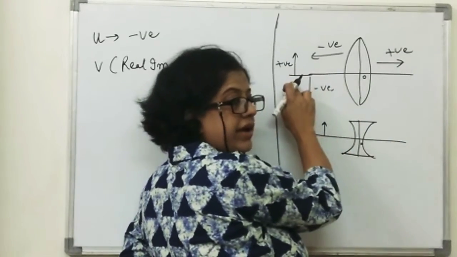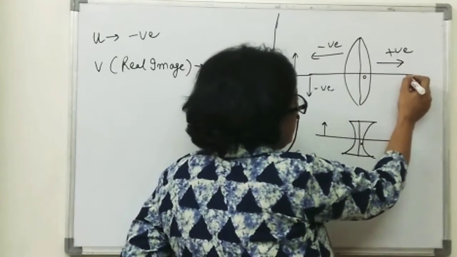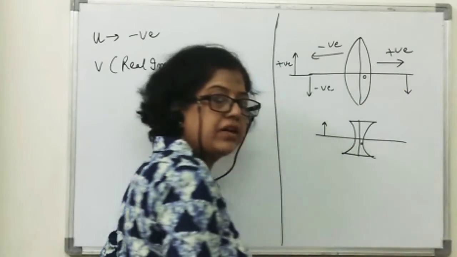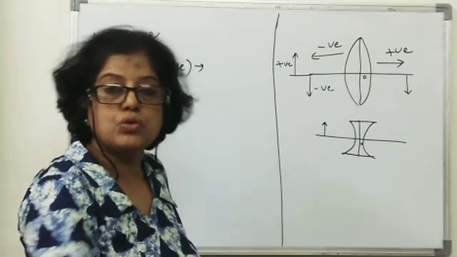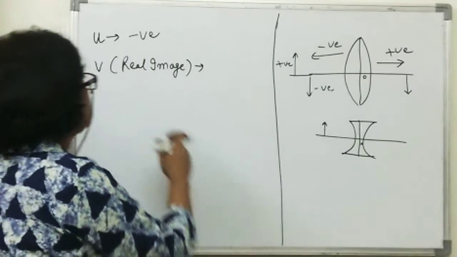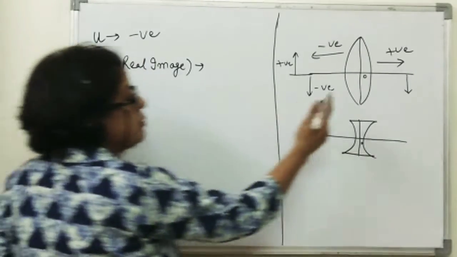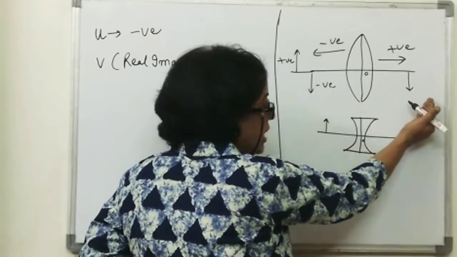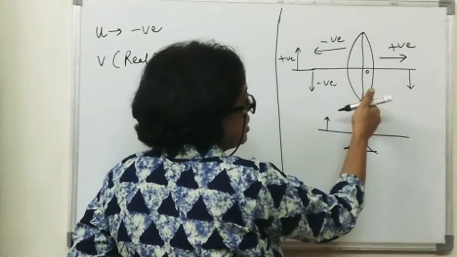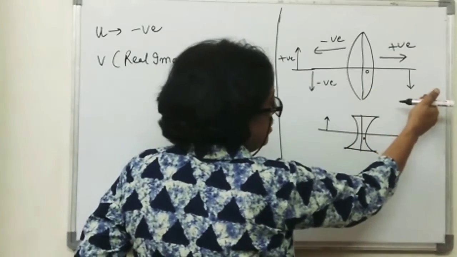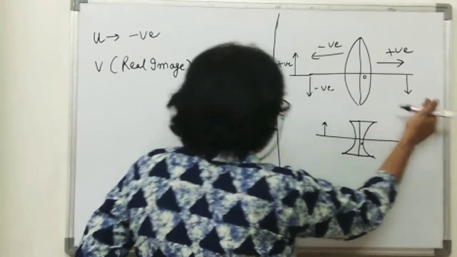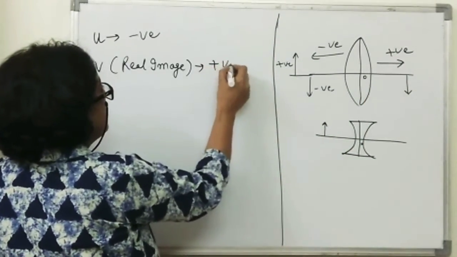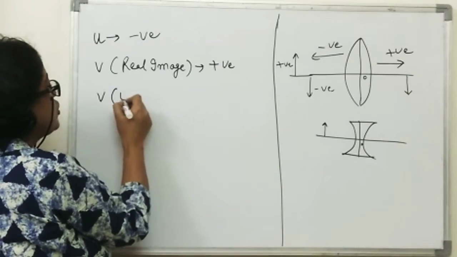If the object is here, the real inverted image is formed like this on the other side of the lens, always to the right of the lens. That means for a real image, v will always be positive, because the real image is being formed to the right of the lens. If we measure the distance of the image from the optical center, we are measuring it from left to right, so v will be positive. Now, v for a virtual image.